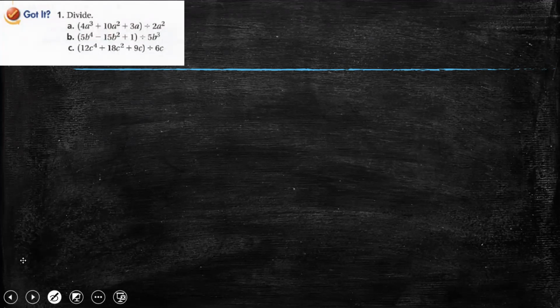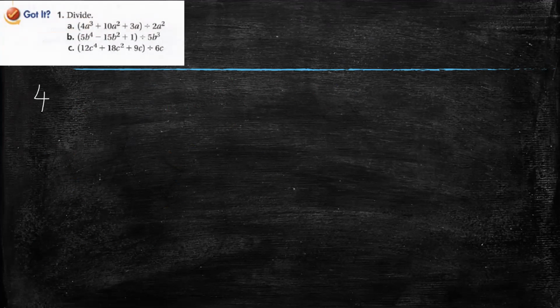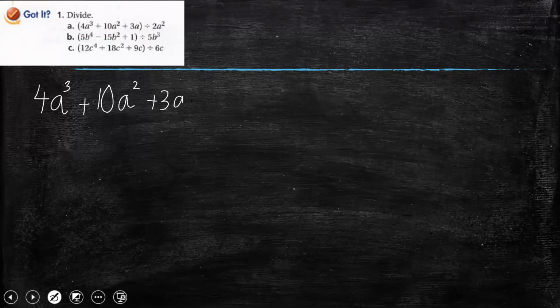Now, here we have 4a cubed plus 10a squared plus 3a, divided by 2a squared. In this case, what do you have to do?